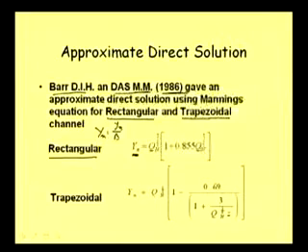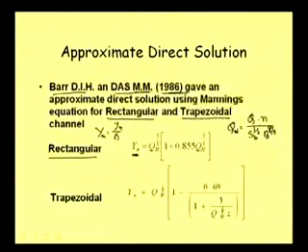And then this capital Qn, as we have already discussed, is nothing but capital Q into the Manning's roughness coefficient n, divided by the bed slope to the power half and b to the power 8 by 3. So this is what Qn stands for.